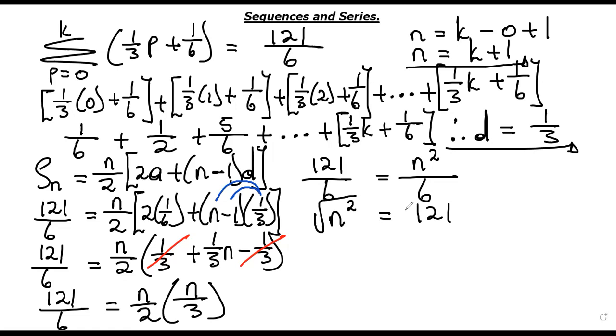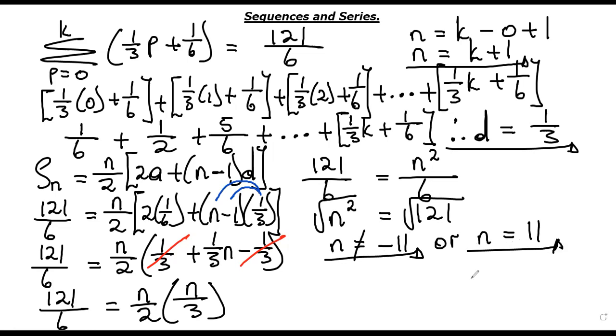Then you introduce the square root on both sides. You find that n is negative 11 or n is positive 11. But of course, you have to cancel this one out because it's a negative value. So this is the number of terms.